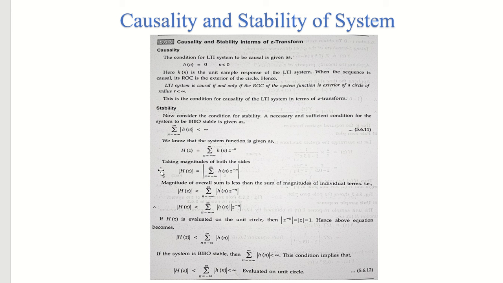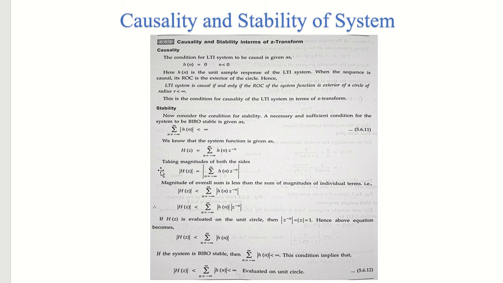Now come to the causality and stability of the system. For causality, we all studied causality. We all saw what causality is and how we can obtain it, what the condition is for a signal to be a causal signal.